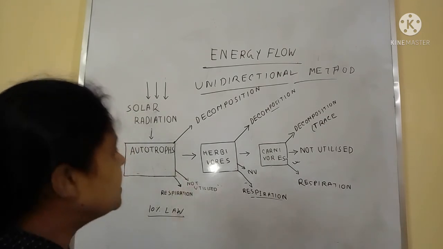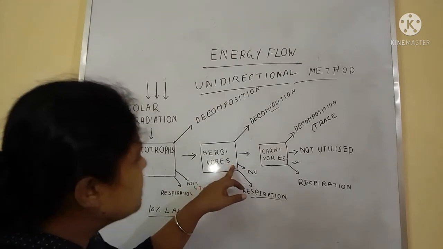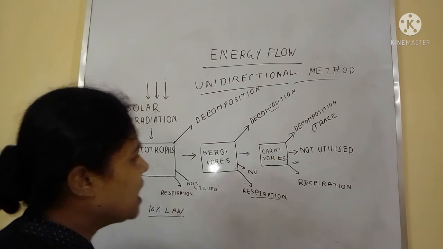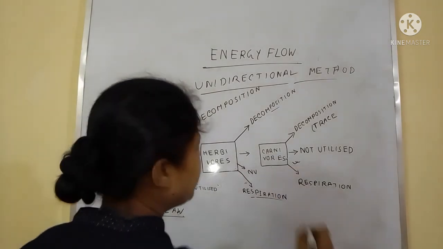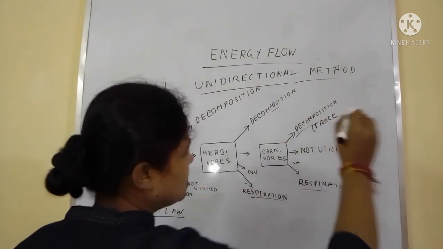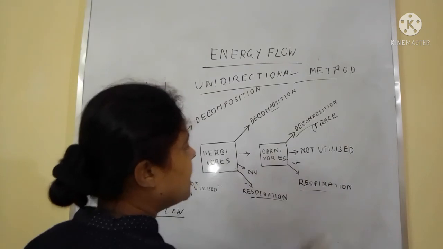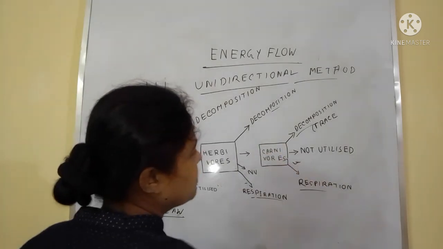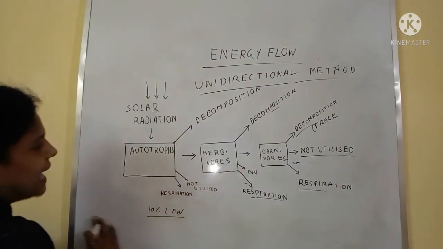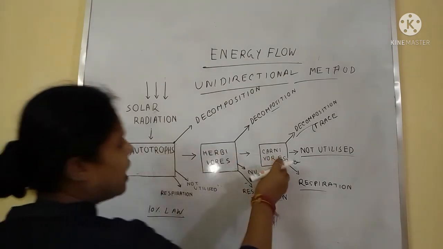The same happens in the herbivores: due to respiration and decomposition some energy is utilized, some is released as not utilized energy, and the energy that remains in the herbivores transfers to the carnivores. The same thing happens in the carnivores. So, in that way, energy transfers from the autotrophs to the carnivores.